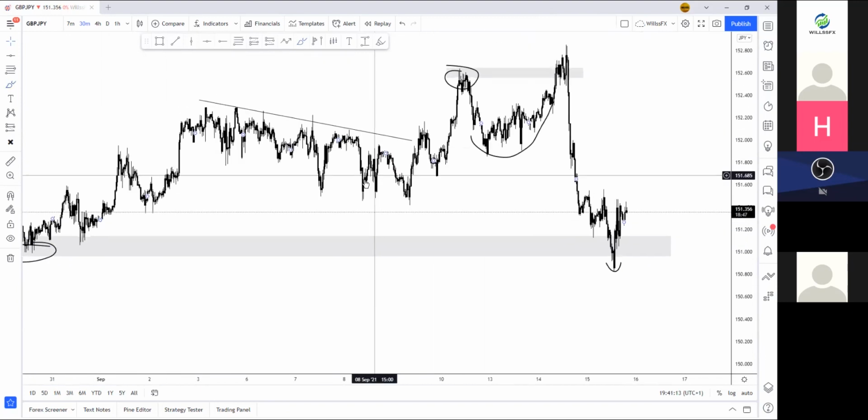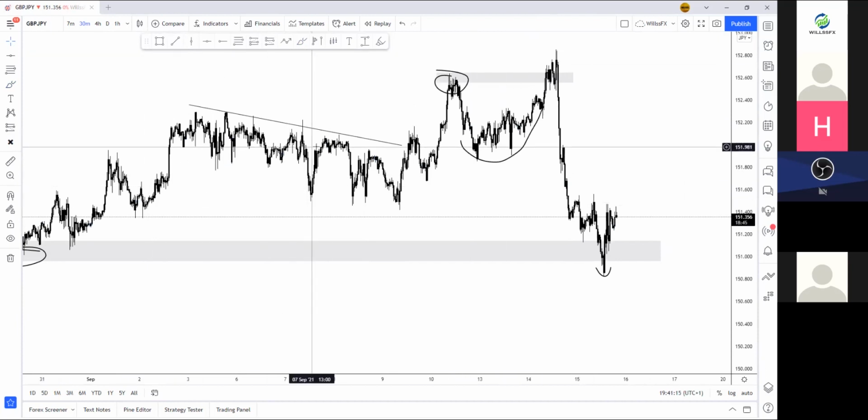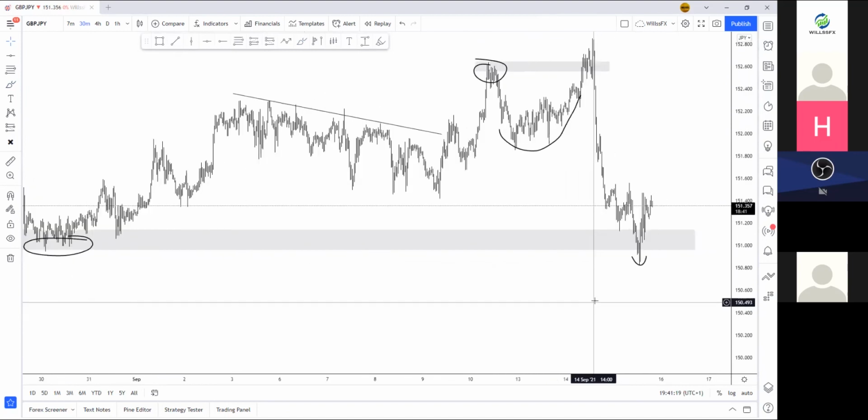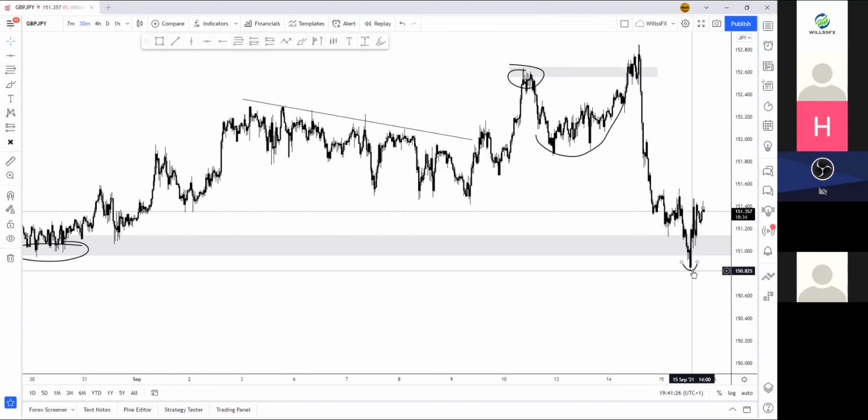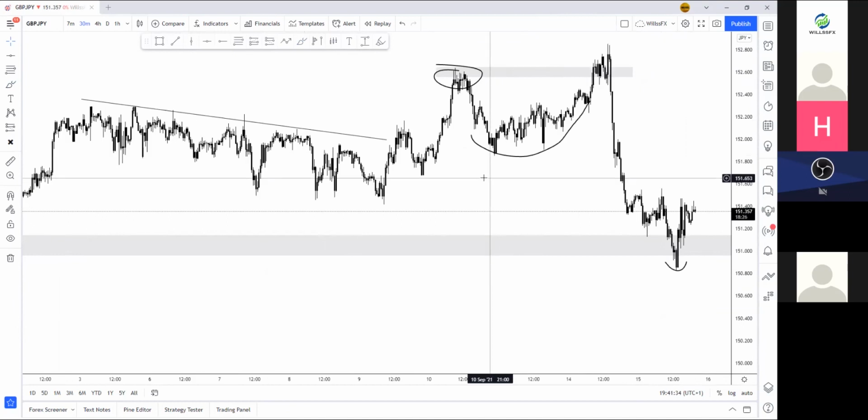What did price do? After all of this, you've probably caught the buys, you probably caught the sells up here down. Price came back to fill the liquidity from the 30th of August. Look, grab liquidity, gone.